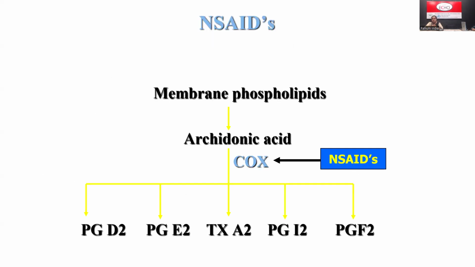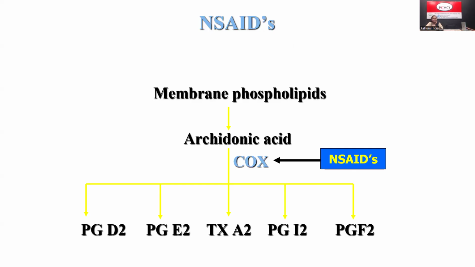What are NSAIDs? What is the pharmacological action of NSAIDs? We know our cell membrane has phospholipids, right? By the action of an enzyme, arachidonic acid is formed from the membrane phospholipids, and from the arachidonic acid, by the action of the COX enzymes, prostaglandins will be released. What do NSAIDs do?